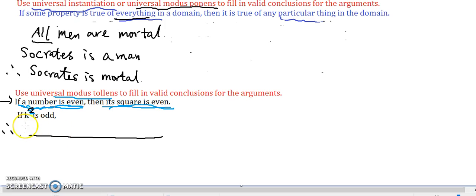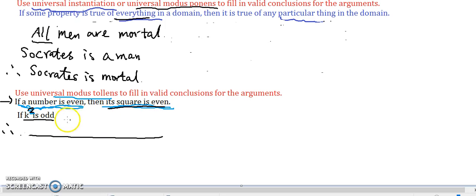So here, if we know k squared is odd, so k squared represents a specific odd integer, what conclusion can we get based on this property? Well, this is the condition that k squared is odd, and that's negating the conclusion.